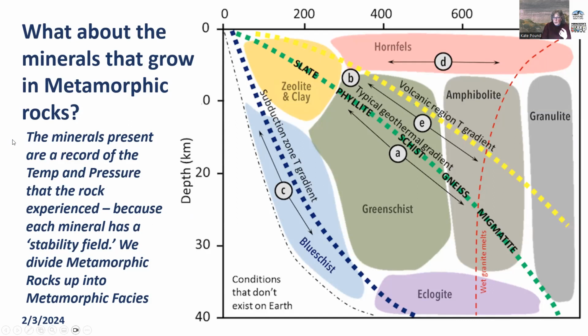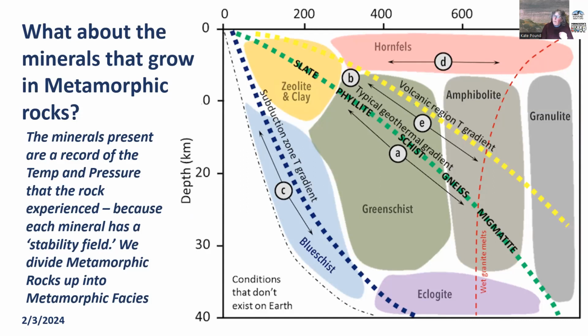The minerals that grow in a metamorphic rock are a record of the temperature and pressure that the rock experienced. And that's because every mineral has what we call a stability field, pressures and temperatures that it can survive at. If the conditions move out of that, then the mineral is not likely to survive.